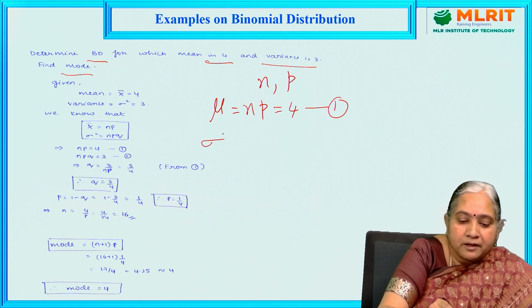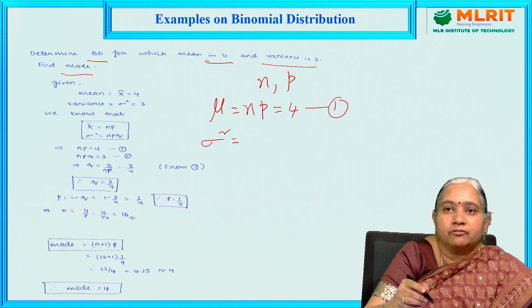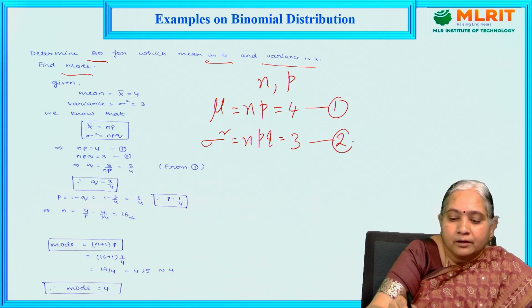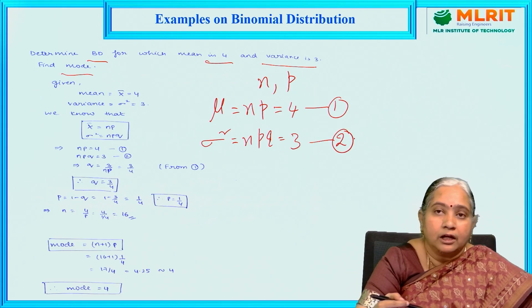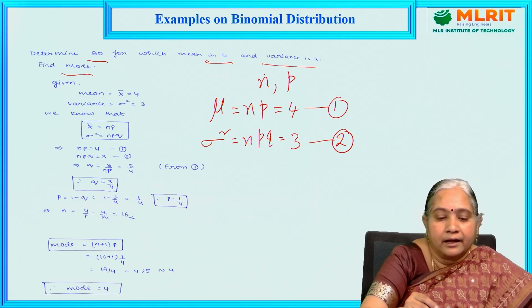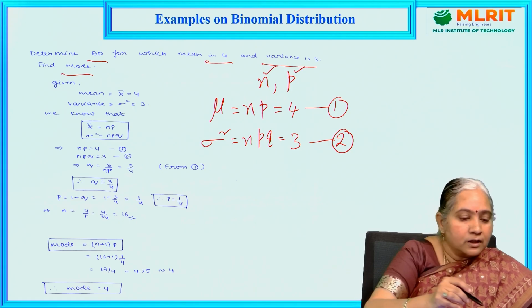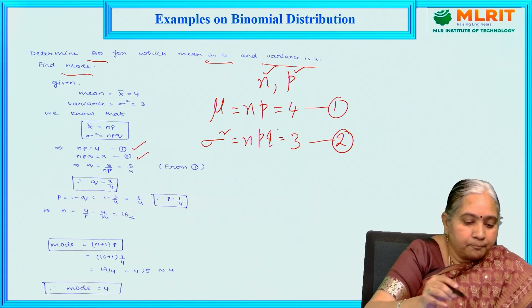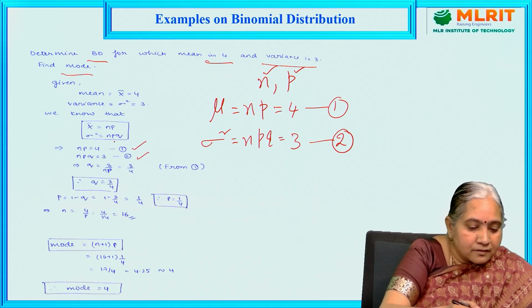Variance is denoted by sigma square and the formula for variance in binomial distribution is npq, which is equal to 3. So take this as equation 2. Now we have two equations. If we solve these two equations, we get the values of n and p. So np equal to 4, npq equal to 3. So substitute equation 1 in 2, then we get q equal to 3 by 4.